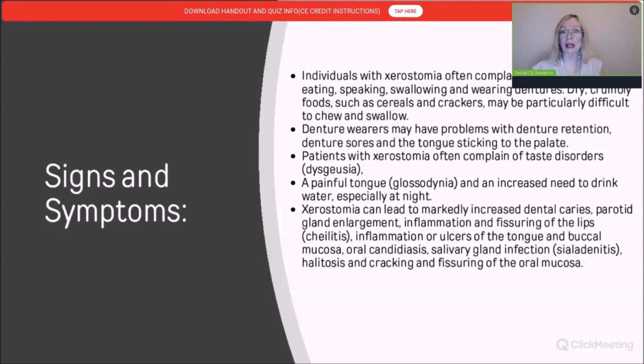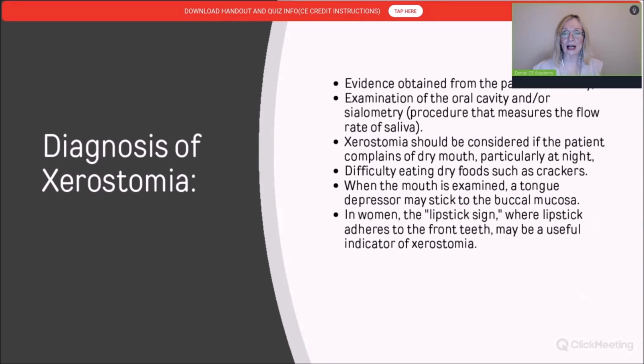Patients with xerostomia may complain of taste disorder or a painful tongue or an increased need to drink water at night. And as we said, xerostomia can lead to catastrophic tooth loss, dental caries, parotid gland enlargement, inflammation, fissuring of the lips, inflammation or ulcerations of the tongue and the buccal mucosa, oral candidiasis, salivary gland infection, halitosis, and cracking and fissuring of the oral mucosa.